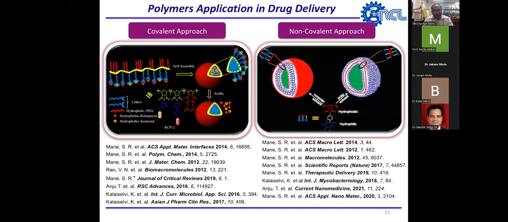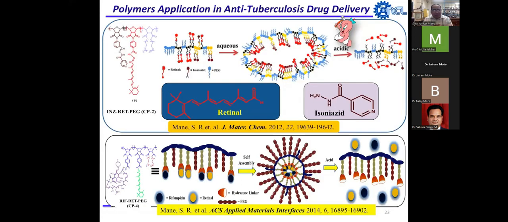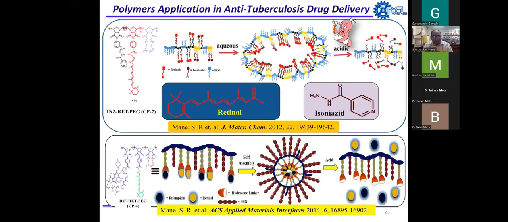In the non-covalent approach, we form polymeric micelles, where we can entrap the drug, like in micelles or capsules, and with external stimuli you can release the drug. This is a typical example for anti-tuberculosis drug delivery.